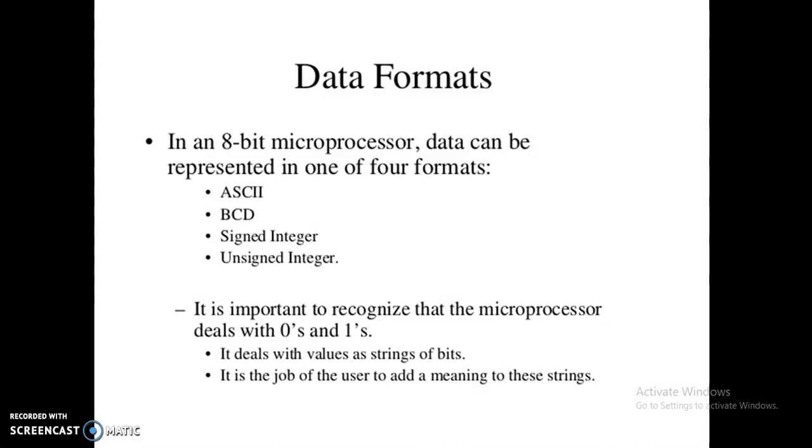In an 8-bit microprocessor, data can be represented in one of four formats. The formats are ASCII, BCD (binary coded decimal), signed integer, or unsigned integer. It is important to recognize that the microprocessor deals only with ones and zeros. It deals with values as strings of bits. It is the job of the user to add meaning to these strings. Okay.